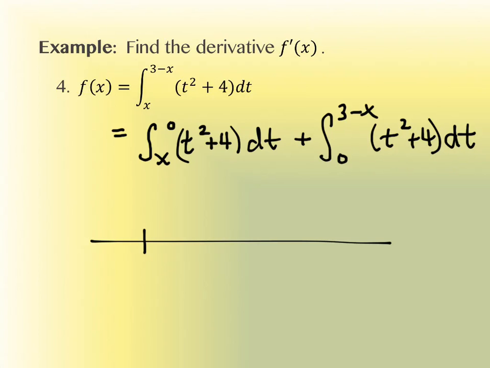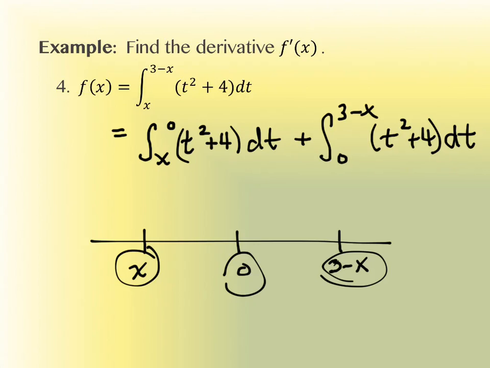Because all we're really doing is we're saying that this is x, this is 3 minus x, and somewhere in between, the number 0 is where we're going to break this into two pieces. So one interval goes from x to 0, the second interval goes from 0 to 3 minus x. Does everybody understand the breaking apart piece first?